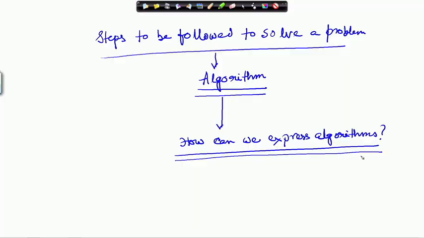There are different ways. When I say how can we express algorithms, not to the computer, but maybe I want to communicate an algorithm to you or you want to communicate an algorithm to me. I was showing some examples in which I was writing in English. So, there are different ways of doing that. We will discuss that in the next class.